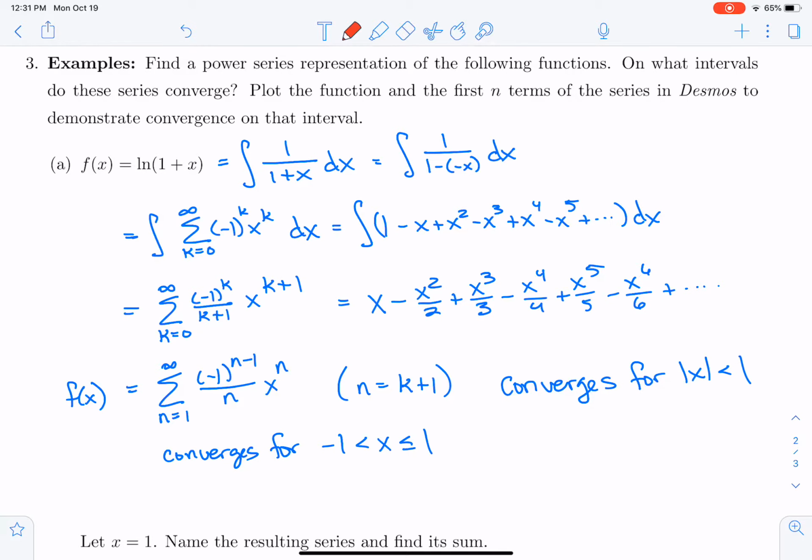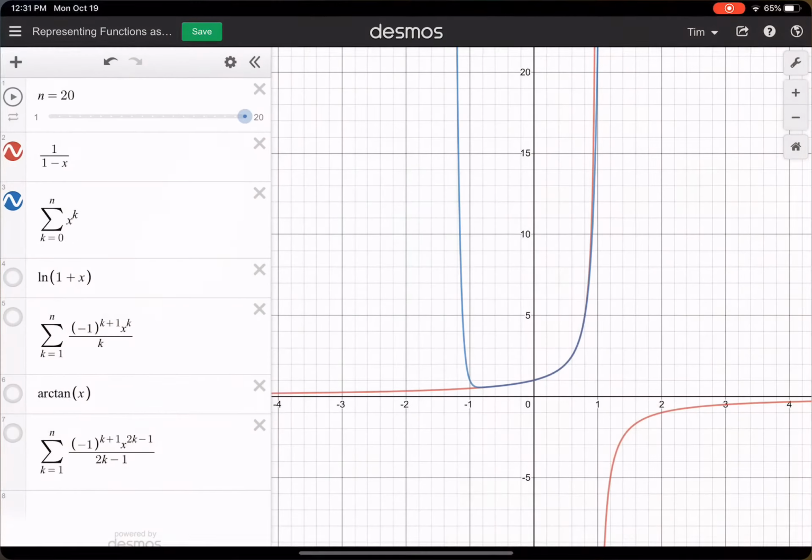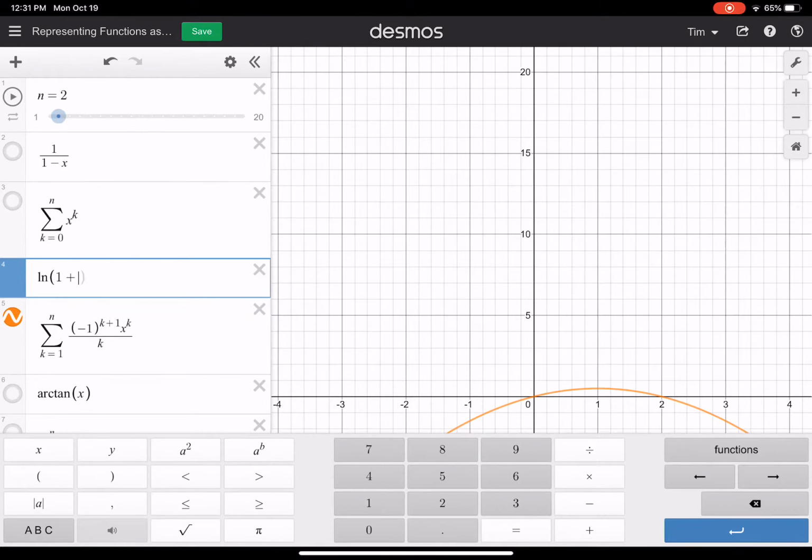Now let's look at a plot of these in Desmos. Okay, so here I'm going to look at the function natural log of 1 plus x. I'm going to get this to plot natural log of 1 plus x.